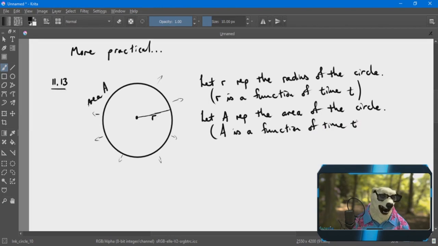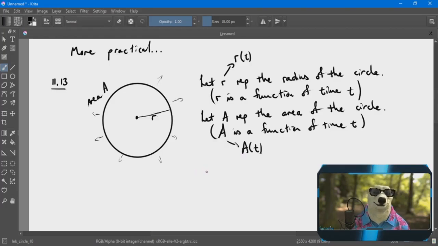It's a function of time. Now, we can write R of t, we can write A of t, but as long as we keep in mind what the R and the A actually are, we don't have to emphasize the bracket and have too many letters floating around. We just need to be aware that they are in fact functions of time.